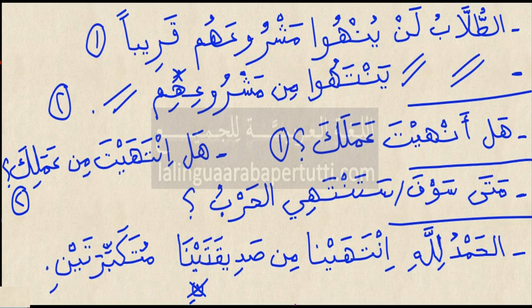But we didn't finish yet. Why? Because صديقتينا is definite, they are our 2 friends. So the adjective should be definite also with the article: المتكبرتين. الحمد لله انتهينا من صديقتينا المتكبرتين.